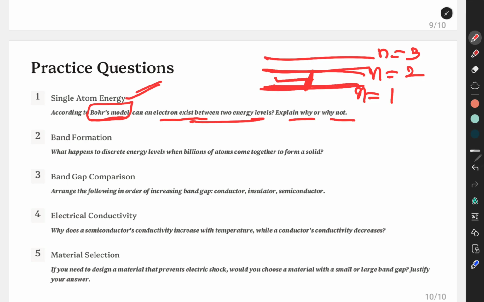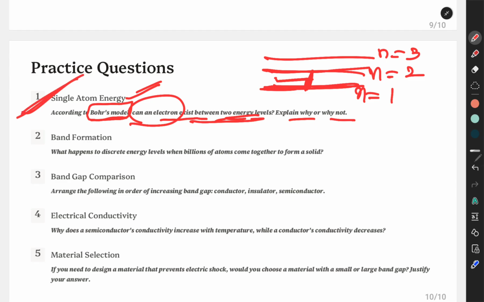Quantized means they can only occupy some fixed, specified orbits with defined energies. By moving between these levels, they must absorb or release a specific quantum of energy, but they will not exist in between. Electrons cannot exist between two energy levels. Understood the answer?